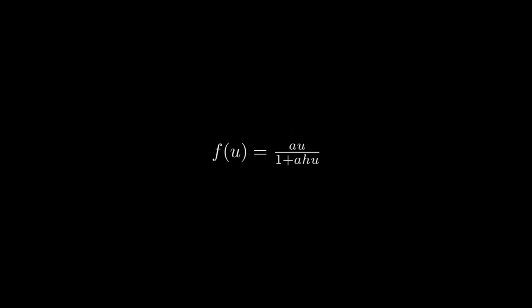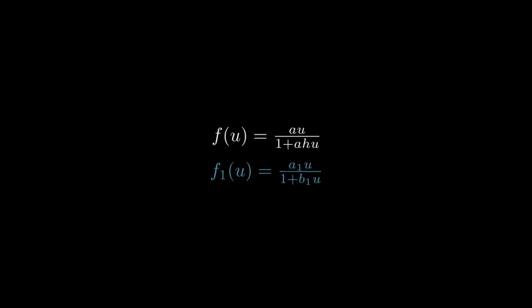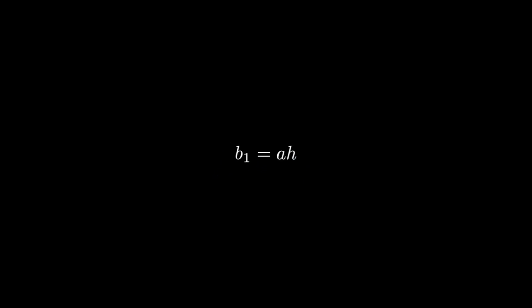The term A denotes the rate at which the animal encounters its food per unit of its food density, and the average time spent on processing a food item is denoted by H. If we compare this expression with the f1 function we note that b1 equals AH. The encounters of rabbits with the carrots per unit of its density and the time taken by the rabbits to process the food can cause a chaos in the animal populations.